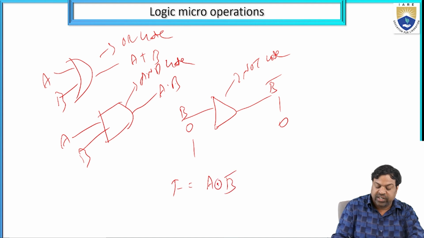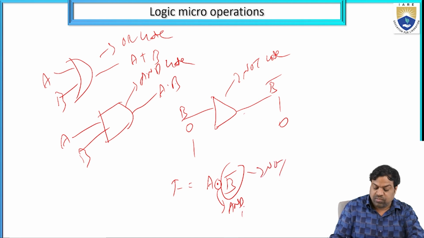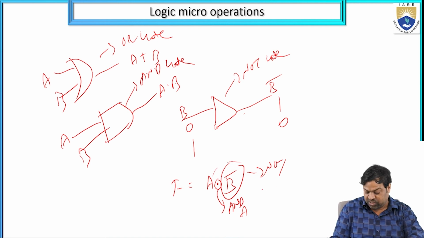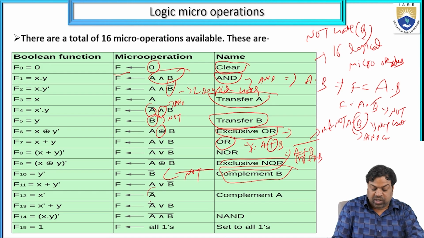That means A into means I am giving an AND gate here. B bar means I am using a NOT gate like this. So AND and NOT, both logic gates are used for this operation. Here complement of A means NOT gate of A, that is a complement. So here NAND gate, that means NOT of AND.